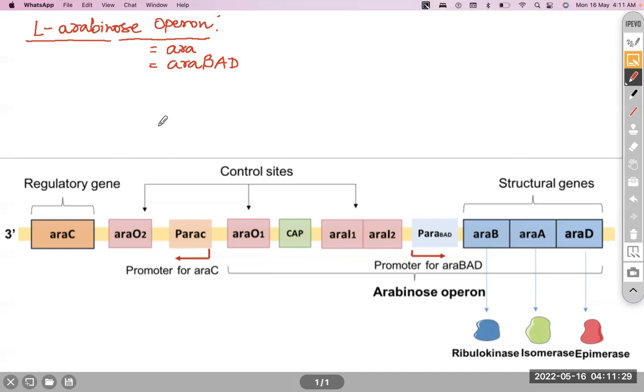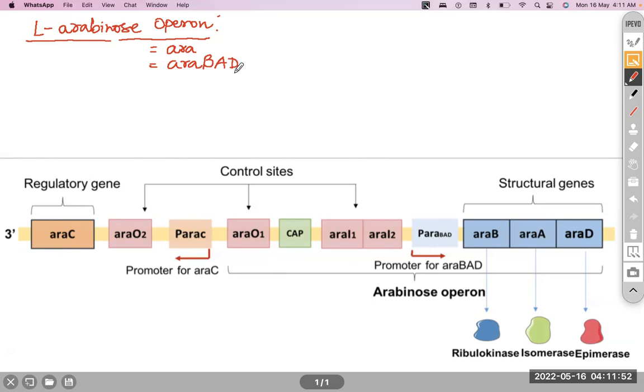In this operon, there are 3 structural genes. You can see here, these are the structural genes, araB, araA, and araD. That's why the name here is BAD, which is representing the structural genes.